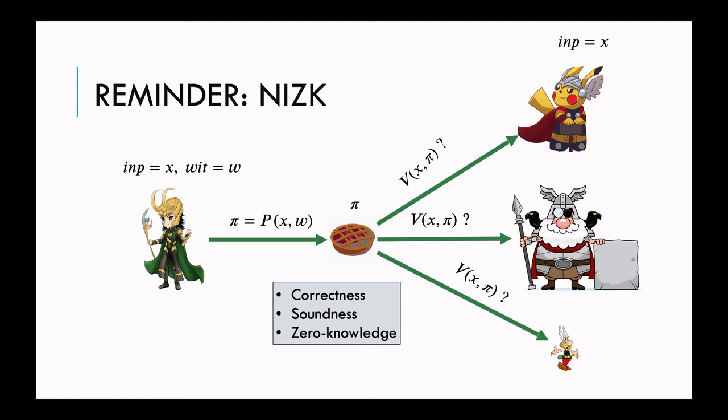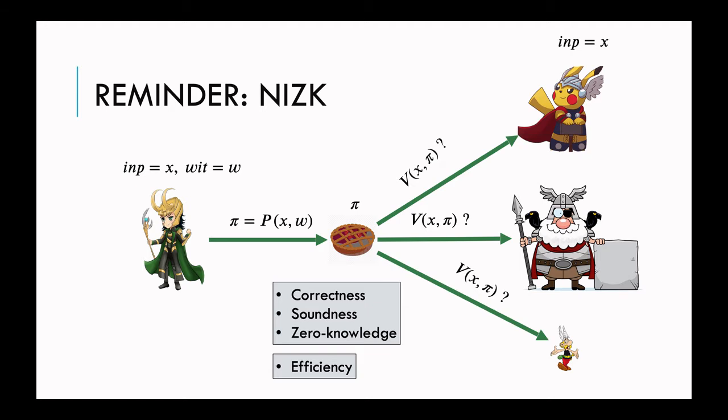And zero-knowledge, which captures the intuition that the argument should not reveal any extra information about the witness. And an important property that we are also interested in is efficiency. Basically, we are mostly interested in NIZK arguments where the argument itself is very short.